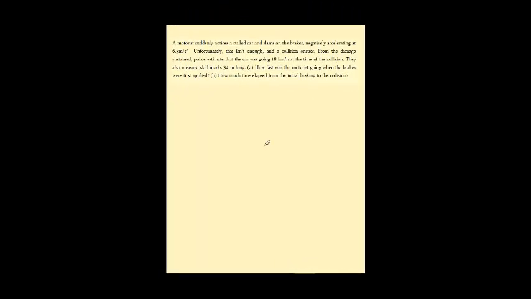A motorist suddenly notices a stalled car and slams on the brakes, negatively accelerating at 6.3 meters per square second. So the motorist was going at speed v0 and acceleration a is minus 6.3 meters per second squared.